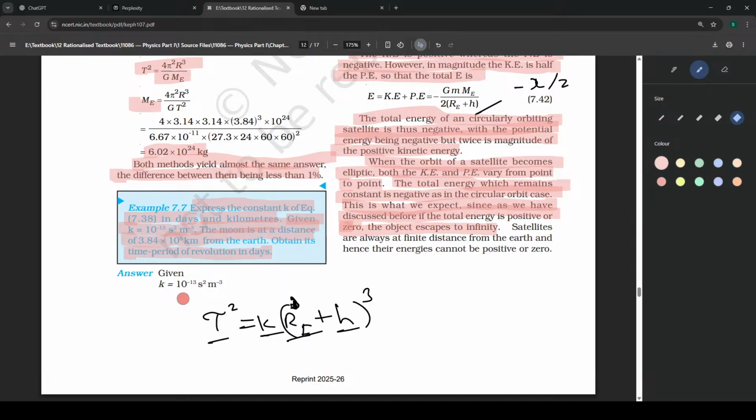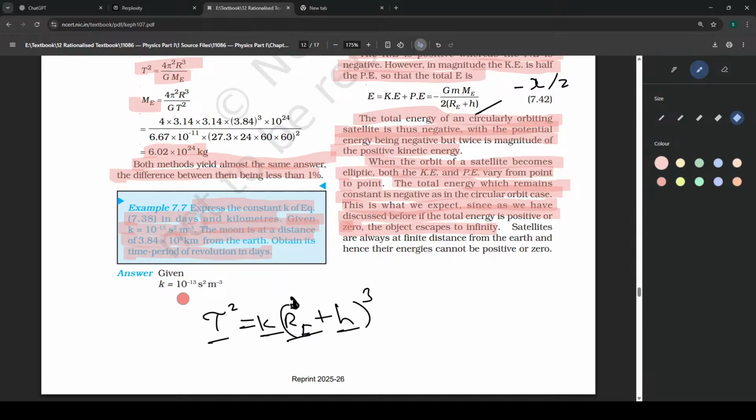We saw before that for escape to infinity, the total energy should be greater than or equal to 0. If it is equal to 0, the final kinetic energy at infinity should be equal to 0. If it is not equal to 0, then it should be greater than 0. Only if the total energy is greater than 0 will the object escape to infinity.